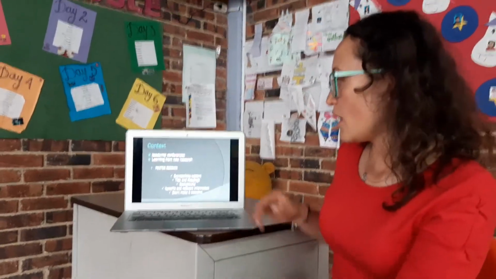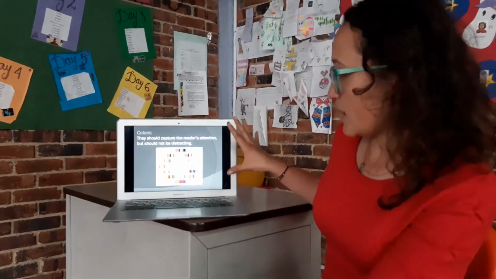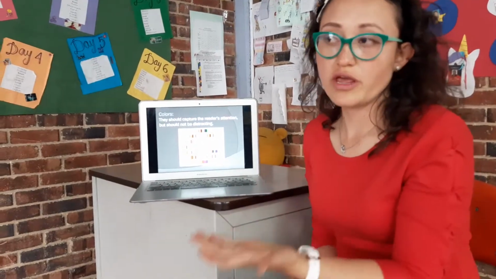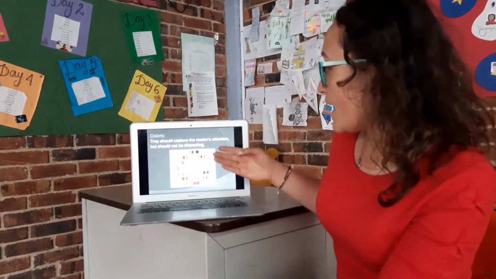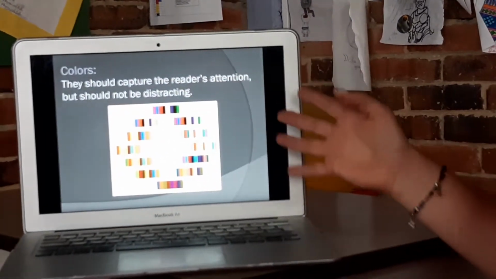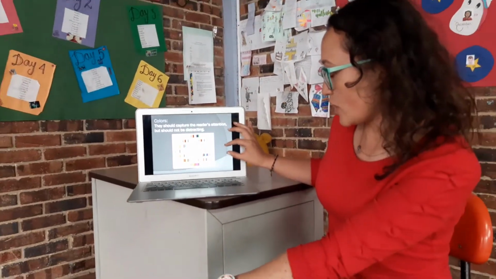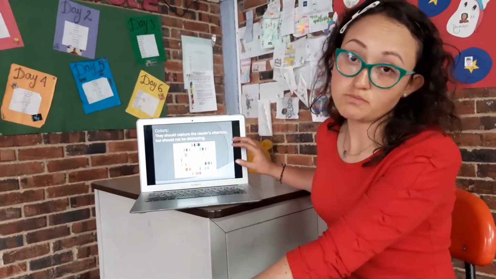about this. So I'm going to highlight some important topics, for example the colors you choose for the presentation. They should capture the reader's attention, but should not be distracting. So it's important to have an idea about the colors you can combine to do your poster.